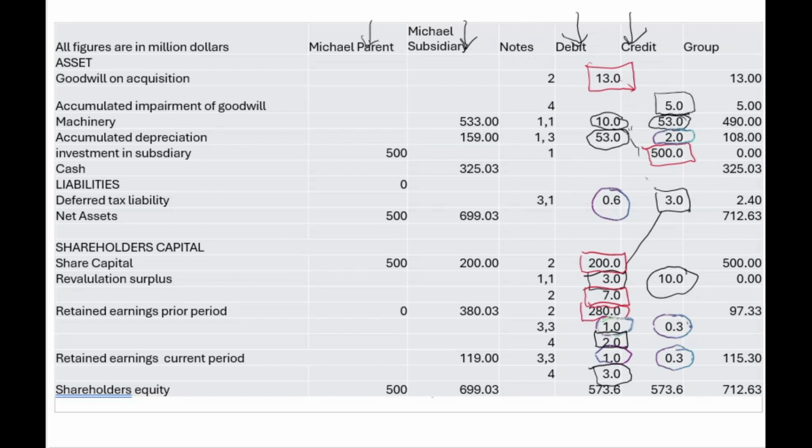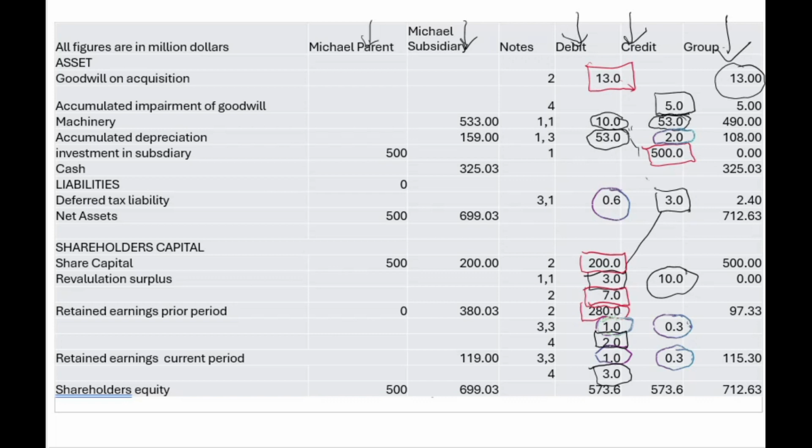It's a newly created account for the group financial statement. So if you look at the group financial statement, we can see that there is goodwill on acquisition, a new asset that was previously included in the investment, as now it has become transparent.